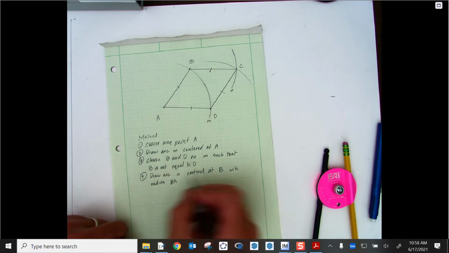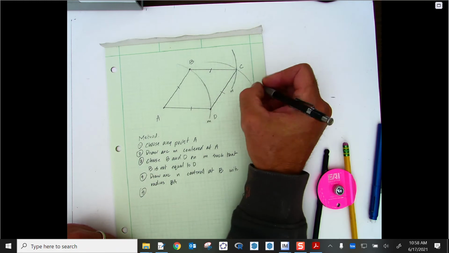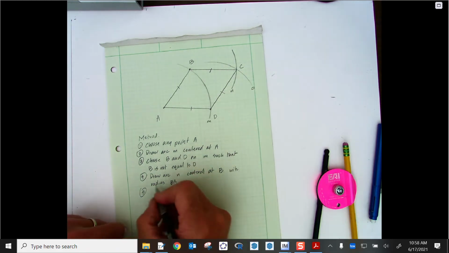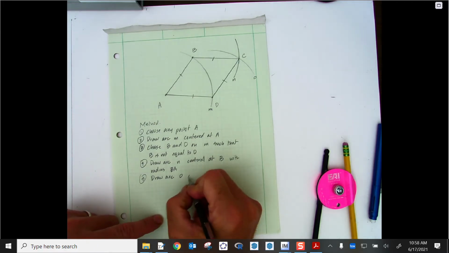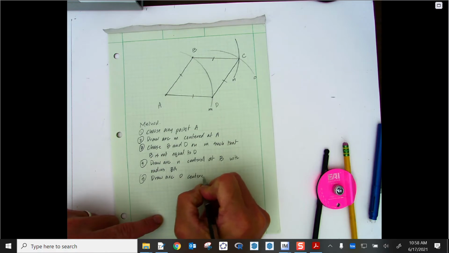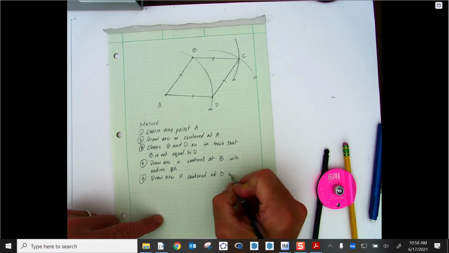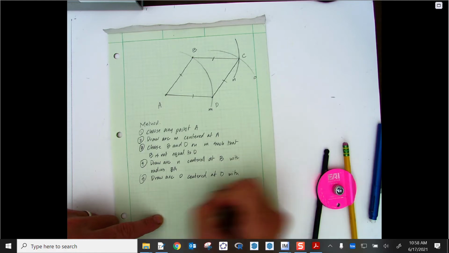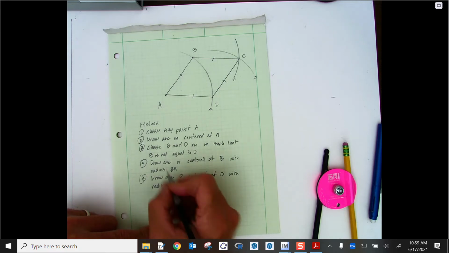And I repeated that for the other arc, so let's call it O. Draw arc O centered at D with radius DA.